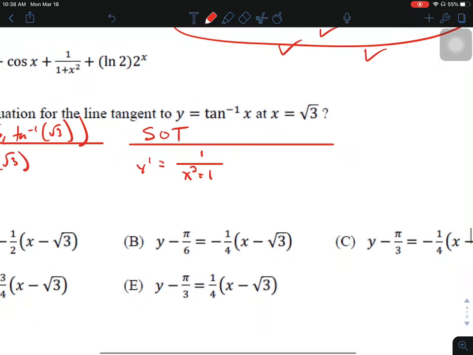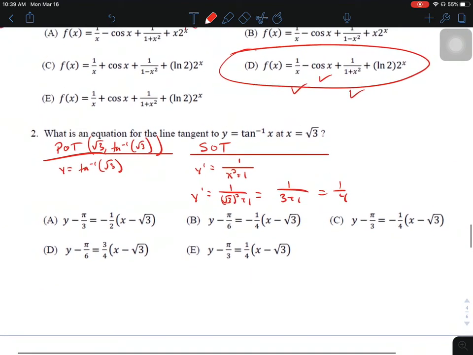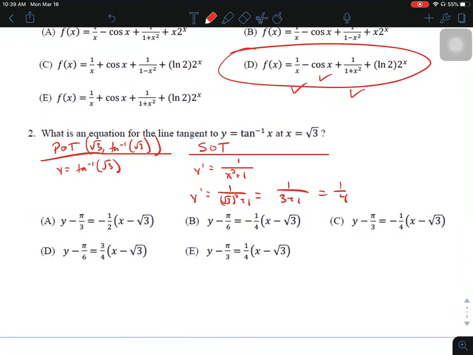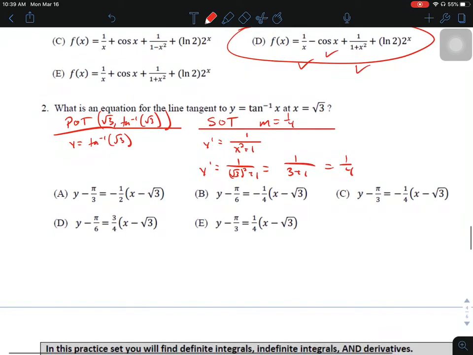If you put the square root of 3 in for this, we're going to get 1 over the square root of 3 squared plus 1, which is 1 over 3 plus 1, which is 1/4. So our slope is 1/4.